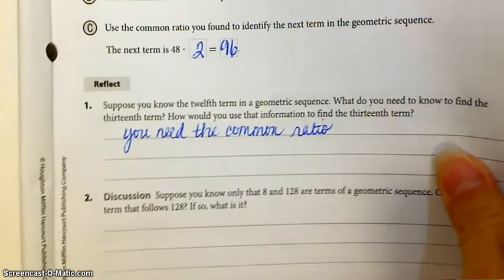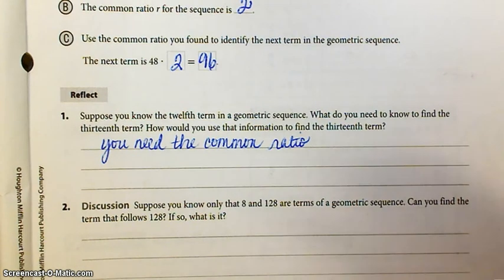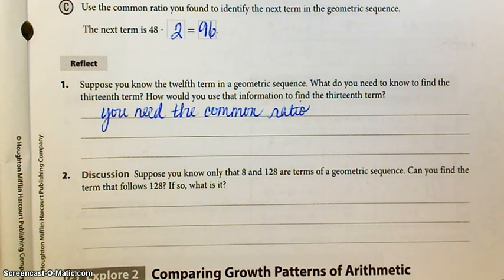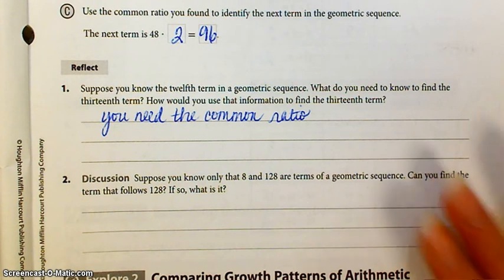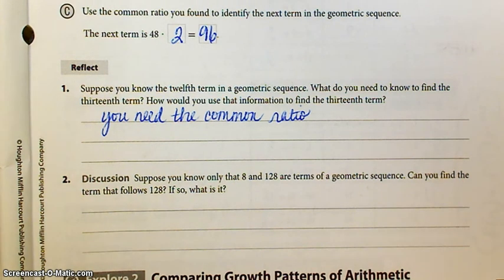Okay. This is an interesting question down here. It says, suppose you know only that 8 and 128 are terms of a geometric sequence. Can you find the terms that follow, or the term that follows 128? And if so, what is it? Well, you could, if you knew that 8 and 128 were successive numbers in the sequence, like that 8 was the first term and 128 was the second term.